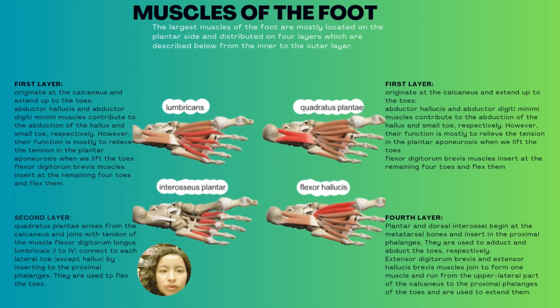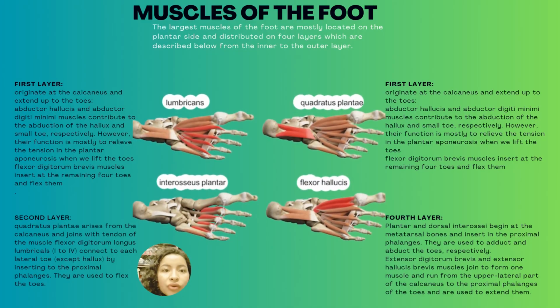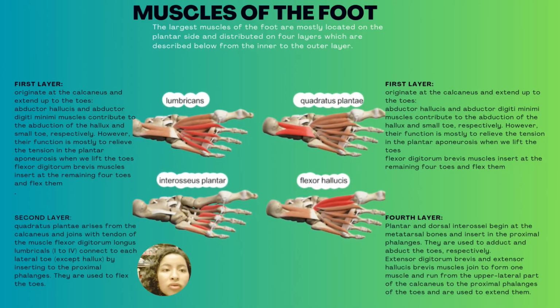Muscles of the foot. The largest muscles of the foot are mostly located on the plantar side and distributed in layers, which are described below from the inner to the outer layer. First layer: muscles originate at the calcaneus and extend up to the toes.